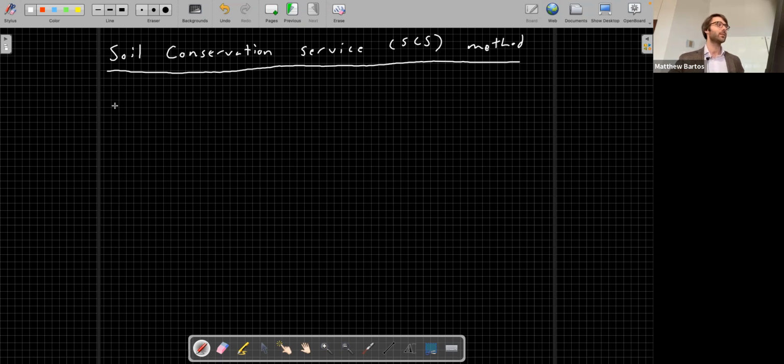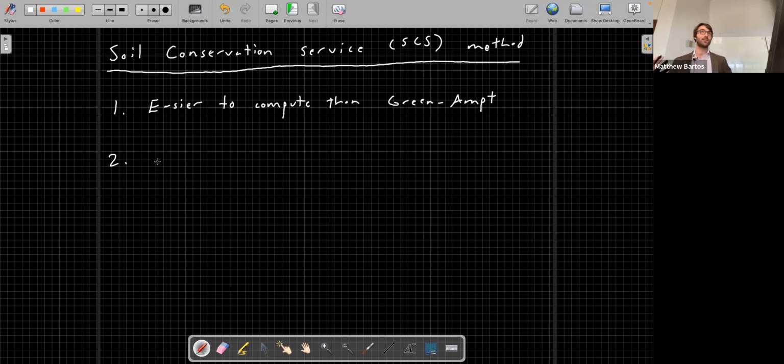The first reason is that, as I mentioned, it's easier to compute than Green-Ampt. On a related note, reason number two, often the data that we need to use the Green-Ampt model is difficult to obtain.